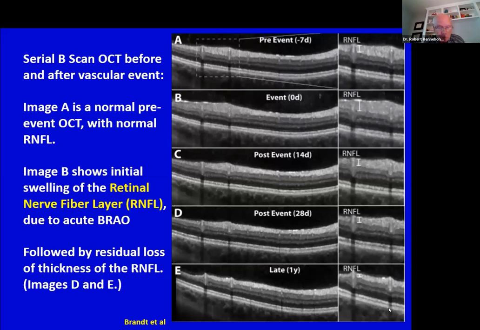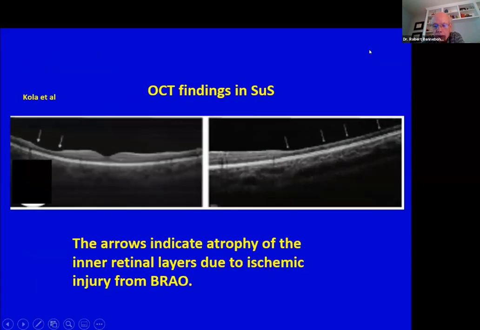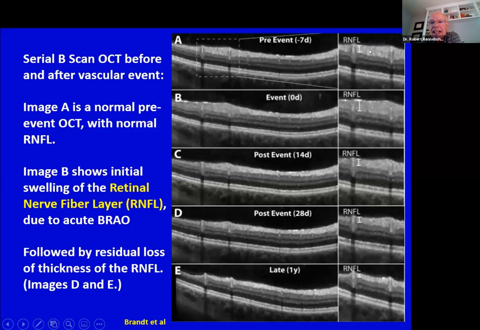Here are serial OCT images before and after an acute BRAO episode. Up at the top, you can see the normal thickness of the retinal nerve fiber layer. Then during the acute episode, there's actually swelling of the retinal nerve fiber layer, so it looks thicker.